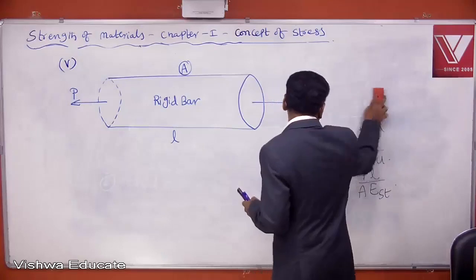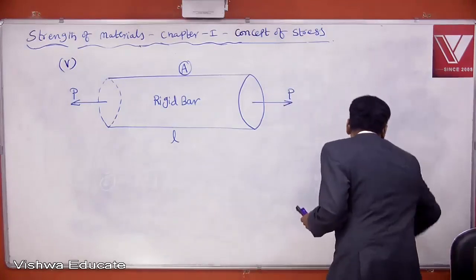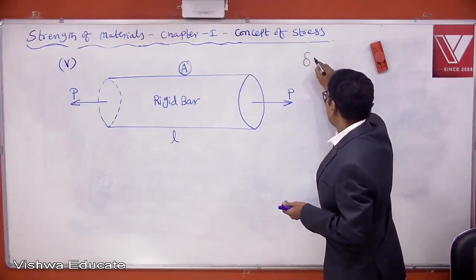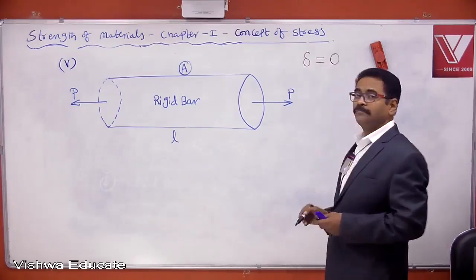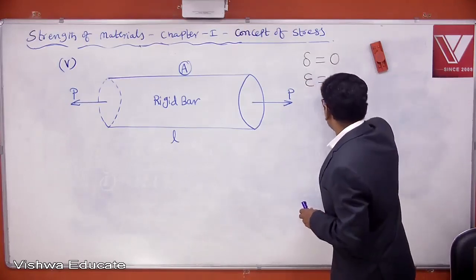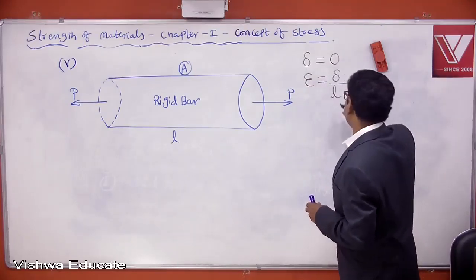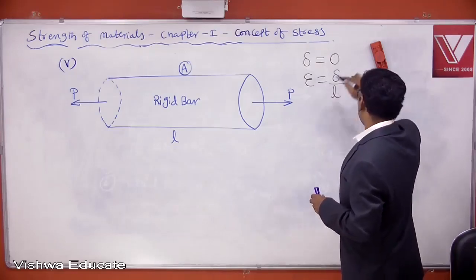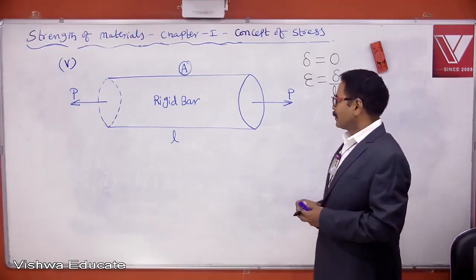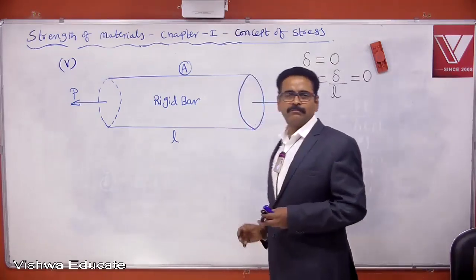What is deformation in this rigid bar? Since it is a rigid bar, it cannot deform. Delta will be 0. If delta is 0, what is strain? Strain is equal to delta by L. Since deformation is 0, strain also will be 0. Strain in this bar is 0.